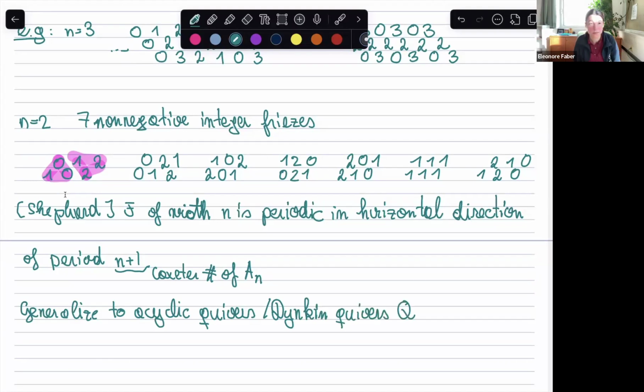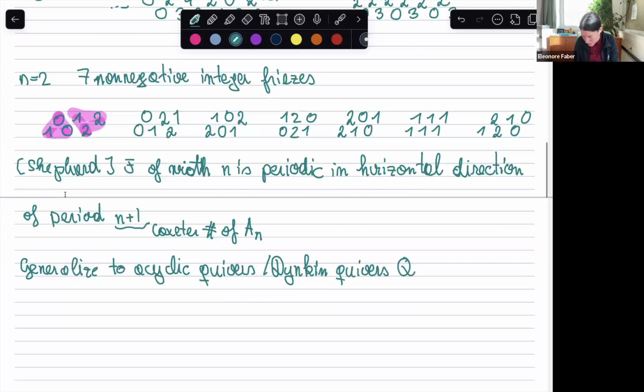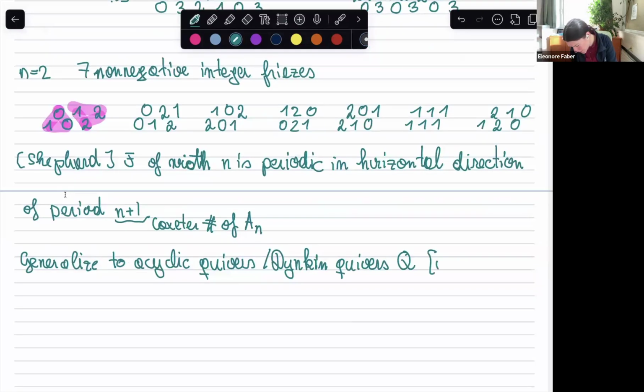And I'll denote them by Q. And I think I've only seen this in the paper of Morier-Genoud from 2015. That's the survey paper. So how can you define an additive frieze for any acyclic quiver?